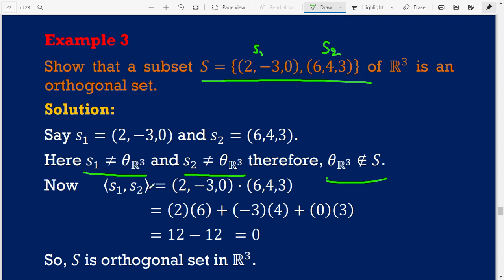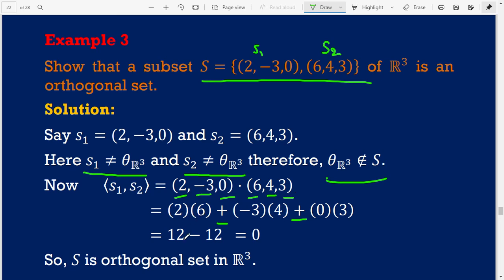Now inner product of S1 with S2 is equal to the dot product of (2, -3, 0) with (6, 4, 3). So the dot product is 2 into 6 plus -3 into 4 plus 0 into 3.